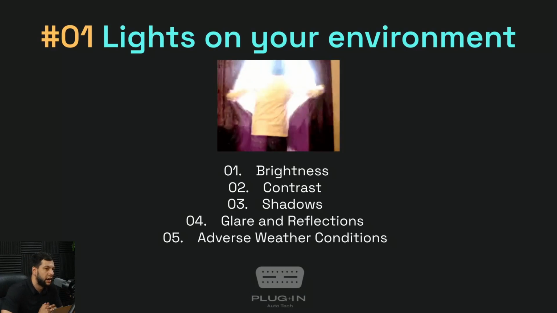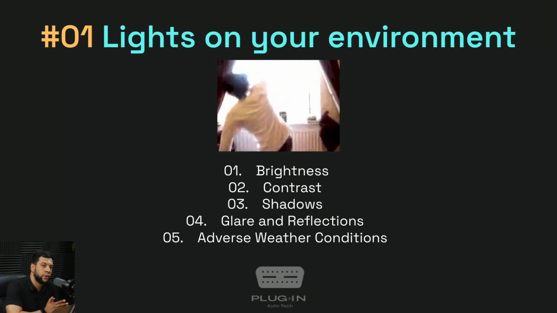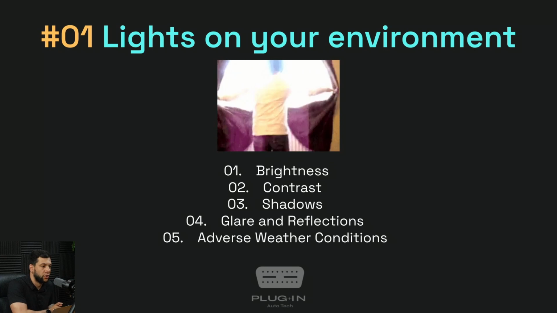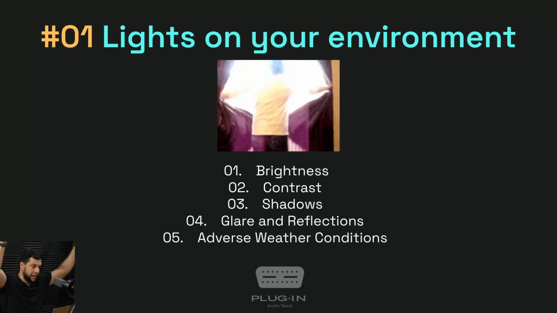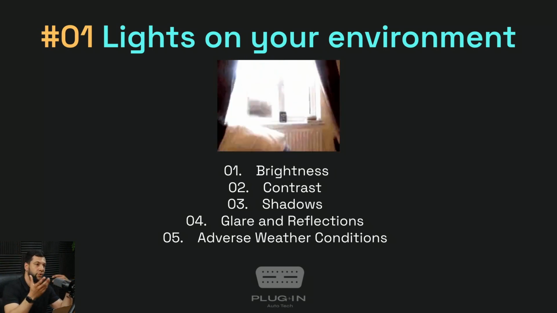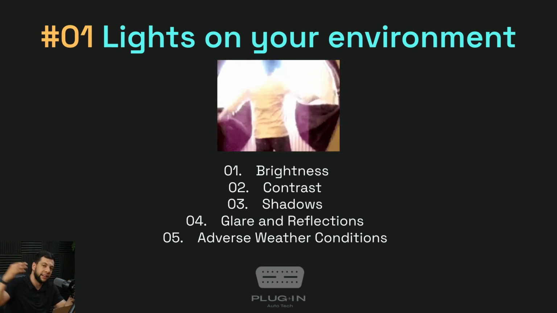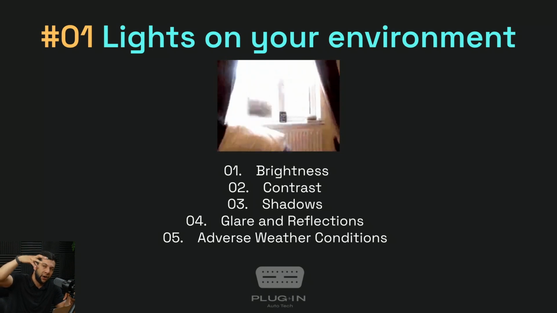First of all is the brightness. Let's say that you are in an environment where the light is not 100% controlled by you. Let's say that you have a big door, like a gate, which is our case, where the door is open and the light is coming from outside.